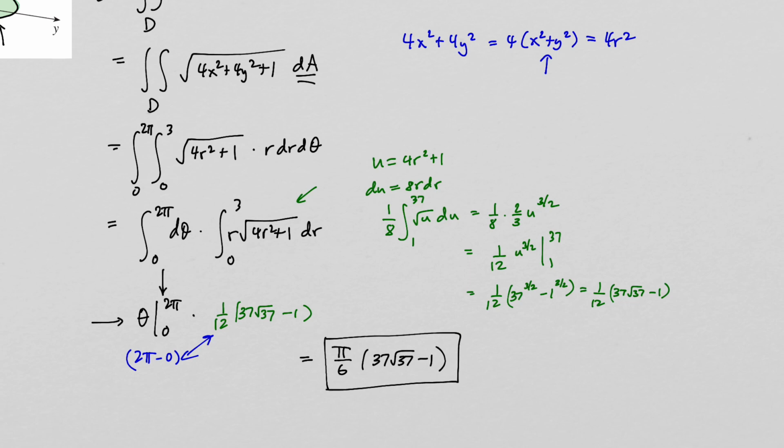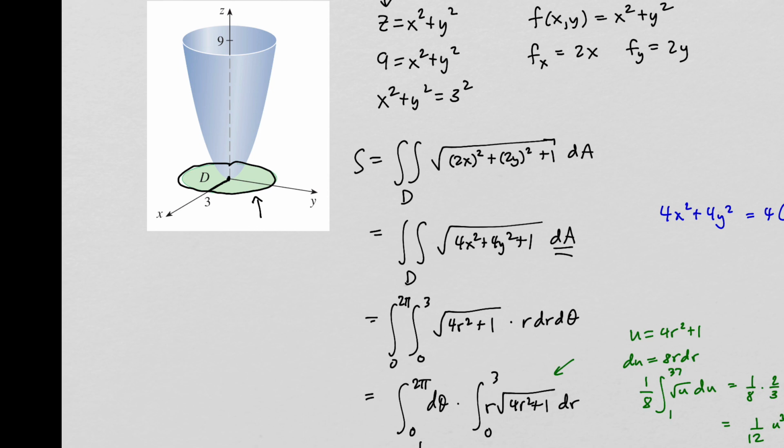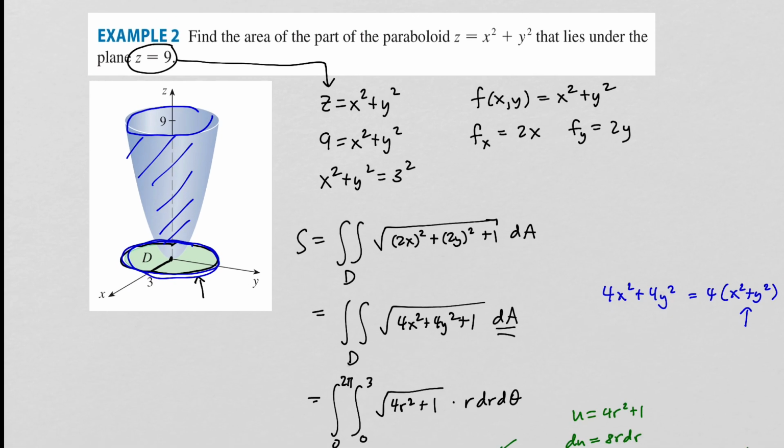And that is the surface area of this. So that is the area of all this surface that you see here. Okay, because that is the surface of the function that is above this disk in the xy plane. And that concludes this video lesson.